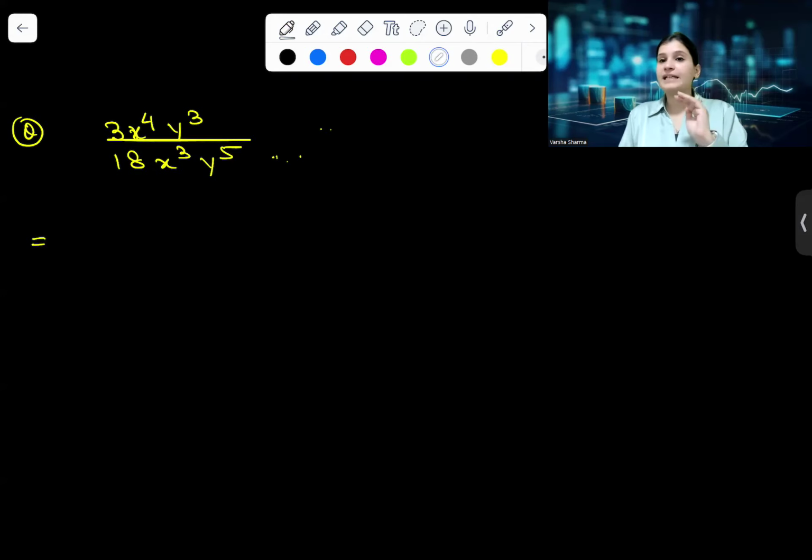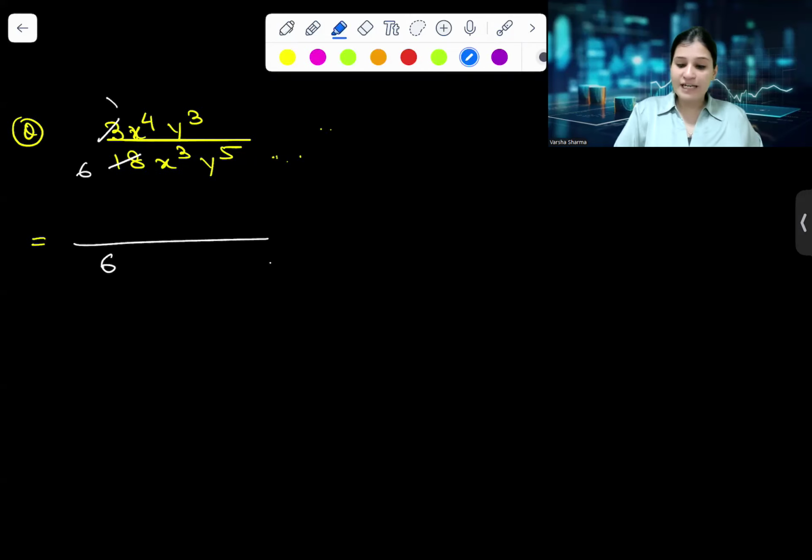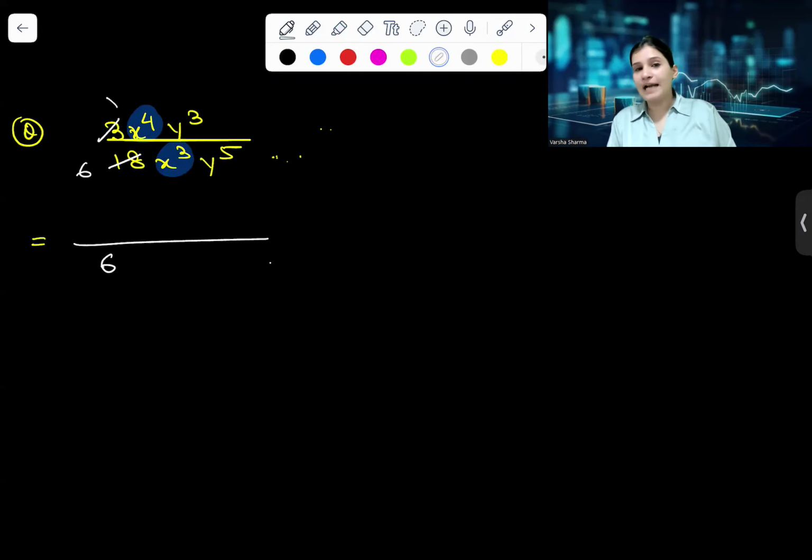So numbers will be dealt in themselves. We can cancel: 3 ones are 3, 3 sixes are 18. So denominator gets a 6. Now with the variables, same base, they are getting divided, so the power will get subtracted. What will I get in the numerator? x power 1.